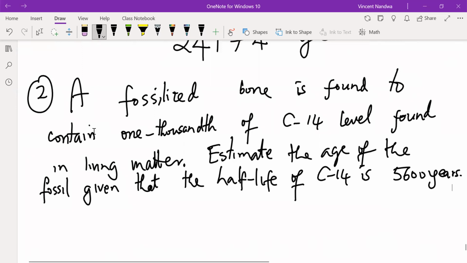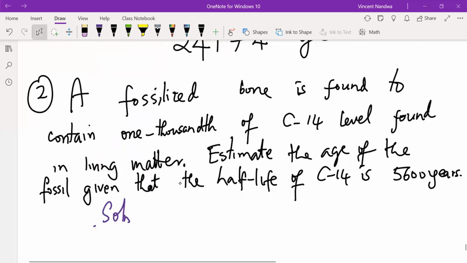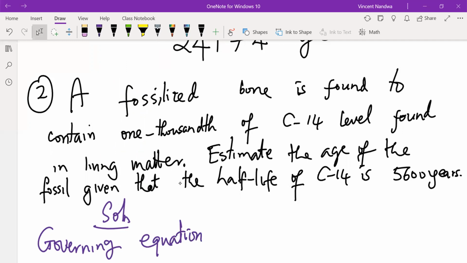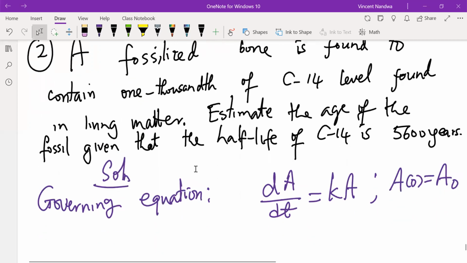Now, to solve this, the governing equation for this case is still dA/dt equals kA, A at 0 is A naught, where A is the amount of carbon-14 at any time t.